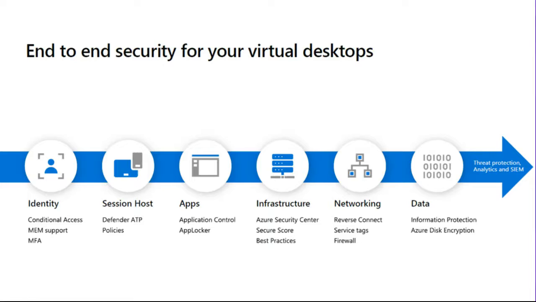On the identity front, things like conditional access and MFA give you extra confidence in situations where, for example, a username and password becomes compromised. Attackers will still be denied access to your environment. Defender ATP includes Microsoft Next Generation AV protection on the session host, which is enabled by default.